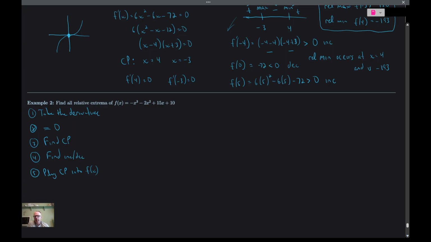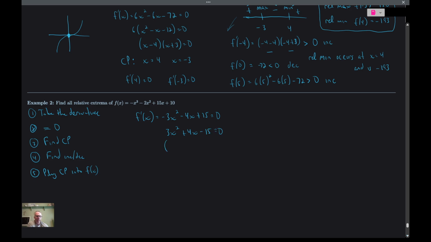So let's do the same thing with this one. Let's find our derivative. So f prime of x is -3x squared minus 4x plus 15. Set that equal to 0. Let's divide out the negative.